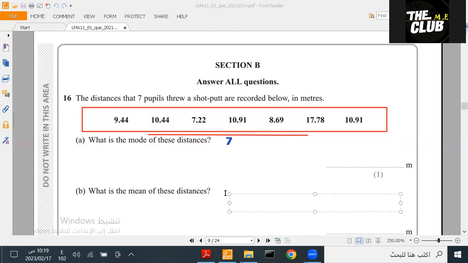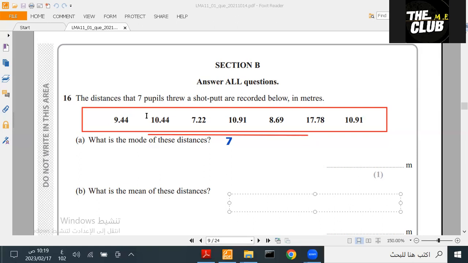The points again, 9.44 plus 10.44 plus 7.22 plus 10.91 plus 8.69 plus 17.78 and then plus 10.91.